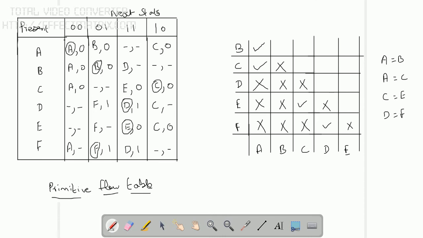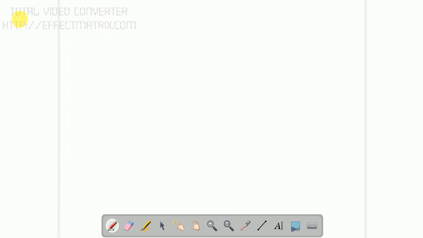Okay, so what I'm going to do now, I'm going to do the new page. So A is equal to B, A is equal to C, and then C is equal to E, and D is equal to F. So from these 4 states, I'm going to reduce into 3 states using merger graph. What is this merger graph?